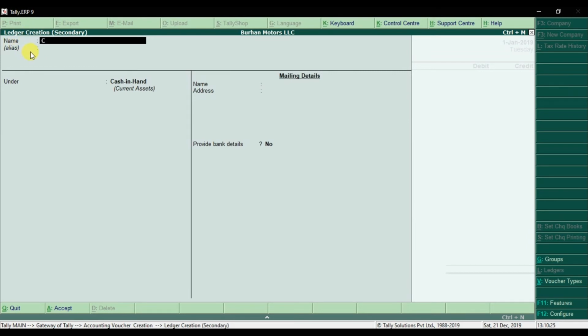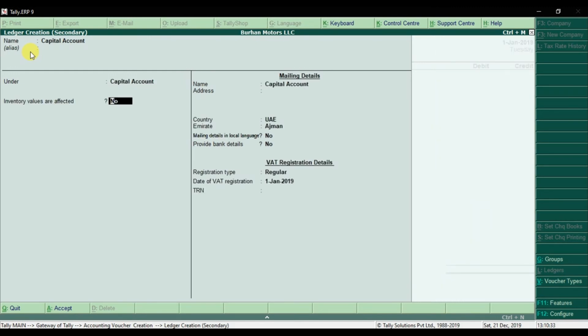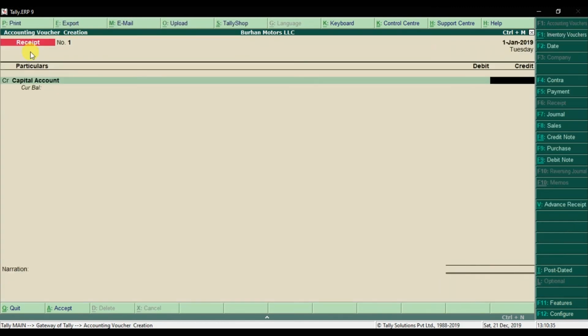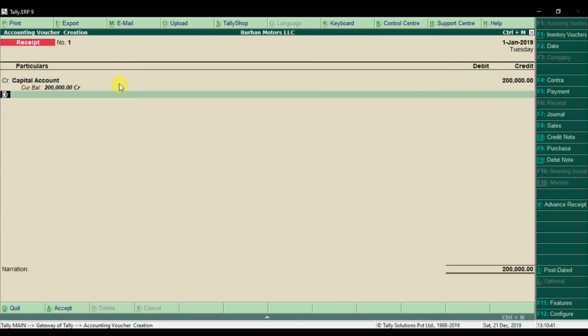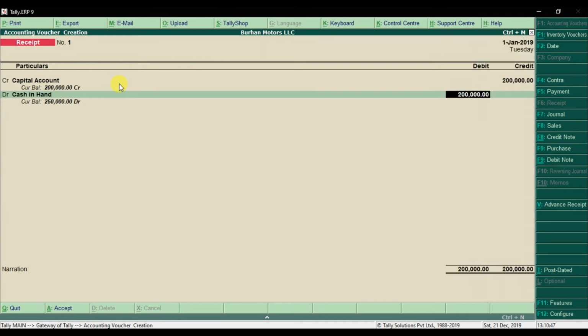Look there. The name of the account is capital account, enter, under the capital group. Enter and Control A to save. So credit is capital account, amount is 200,000. Enter, and now the debit side: debit is cash in hand. Enter, enter.